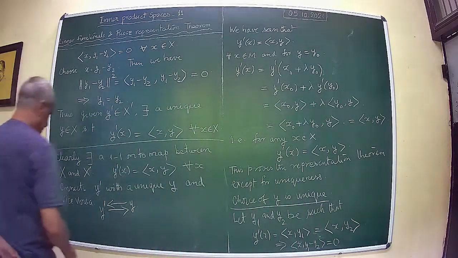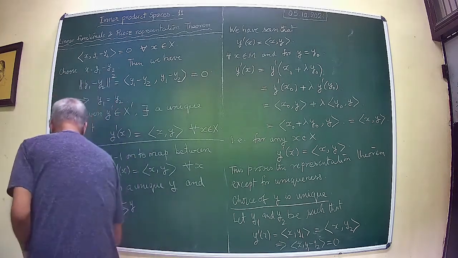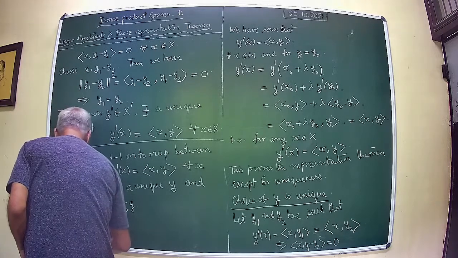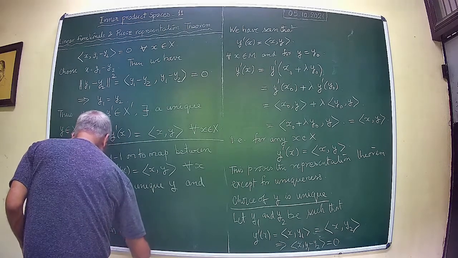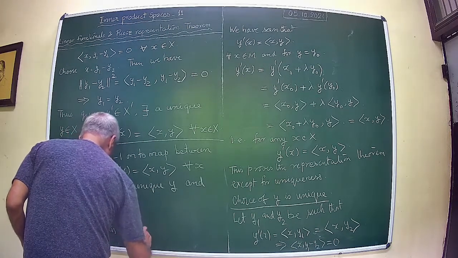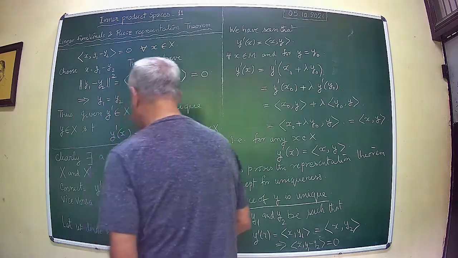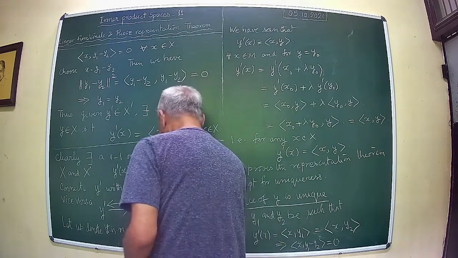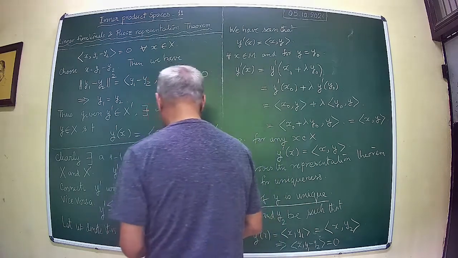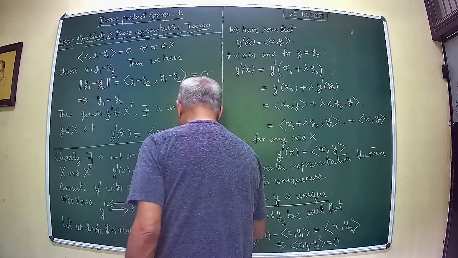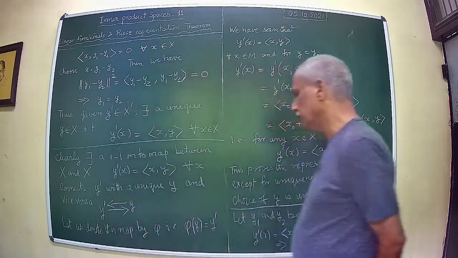So let us define phi from, that is phi of y, that's a map.